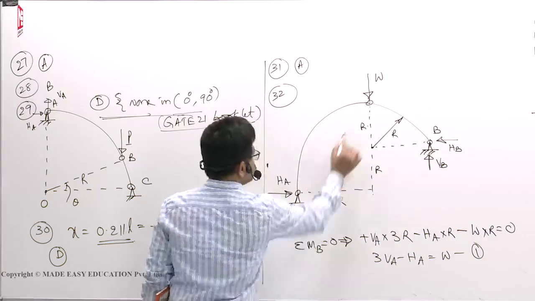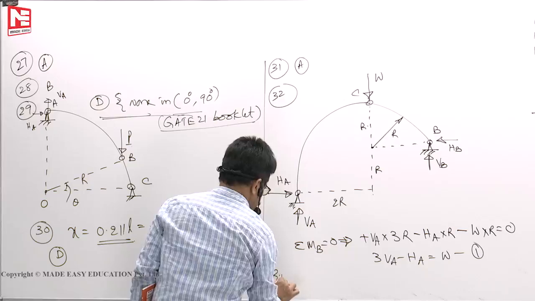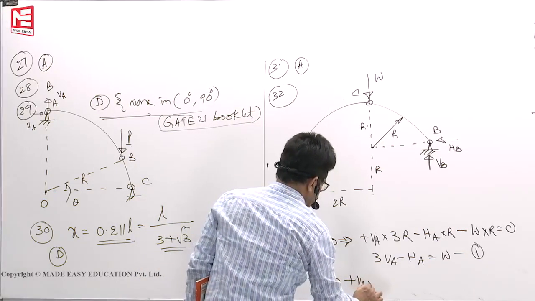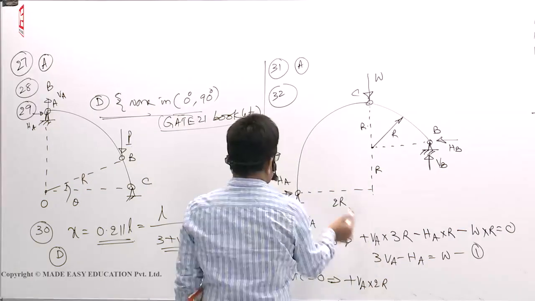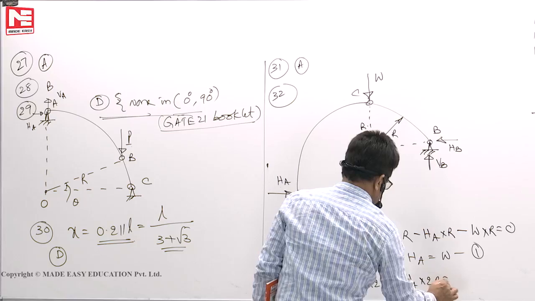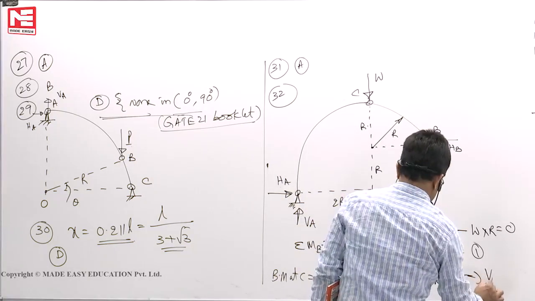Then bending moment at C is equal to 0. So you will get plus VA into 2R minus HA into 2R. So you will get VA is equal to HA.